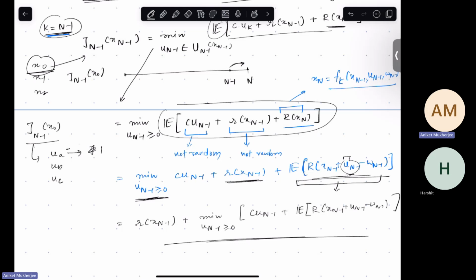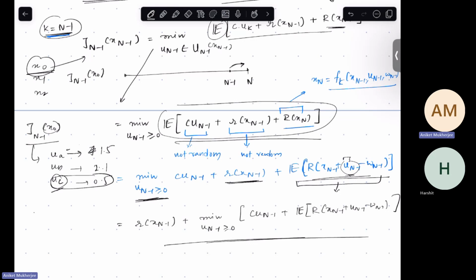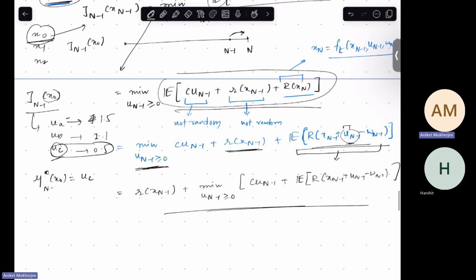So suppose for u_a you got 5.1, for u_b you got 2.1, and for u_c you got 0.5. Then if you're at x0, you choose u_c, because choosing u_c is what minimizes this function, right? So now you have the mapping saying that mu star(x0) equals u_c. And you start at n minus 1. That is your optimal policy when you're at n minus 1.